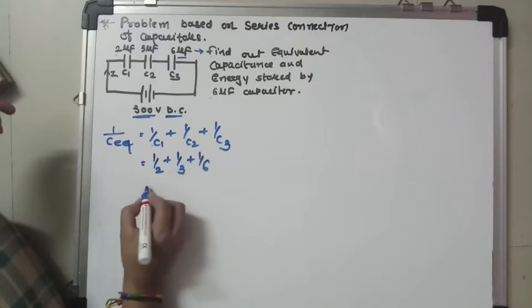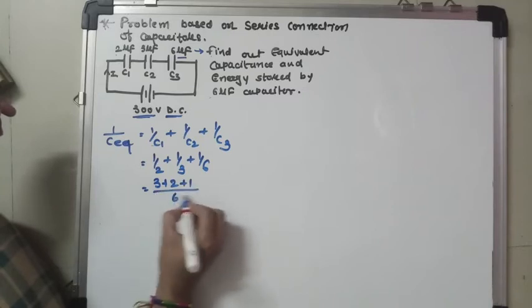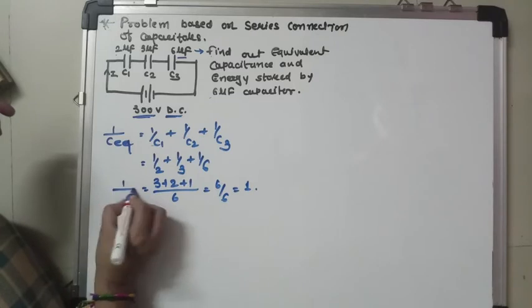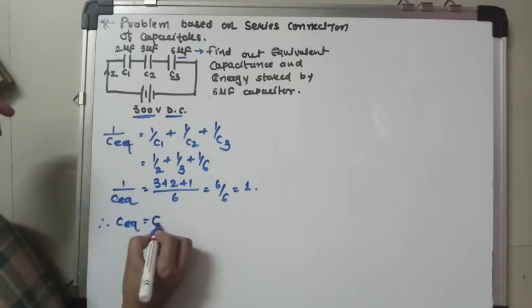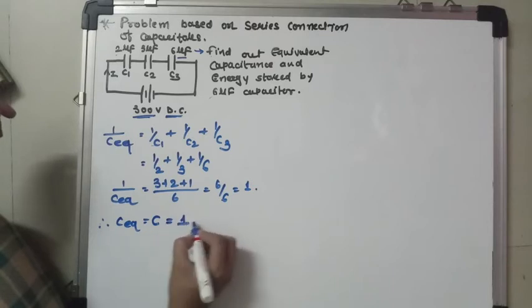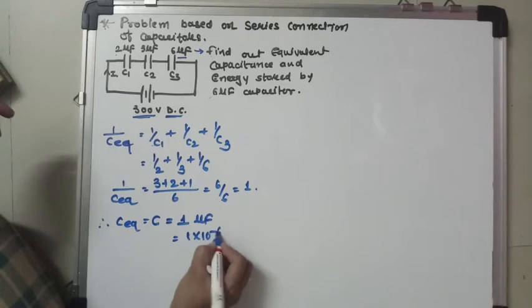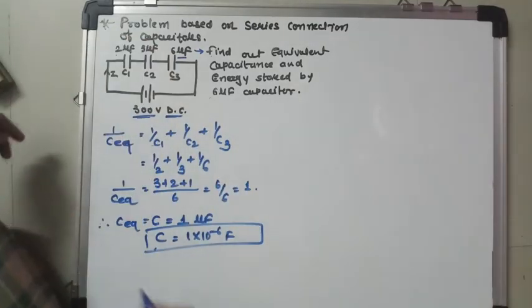Taking the LCM, 3 plus 2 plus 1 divided by 6. So 6 by 6, that is 1. So that is 1 upon C equivalent, so my C equivalent is 1 microfarad, that is 1 into 10 raised to minus 6 farad, the equivalent capacitance for this connection.